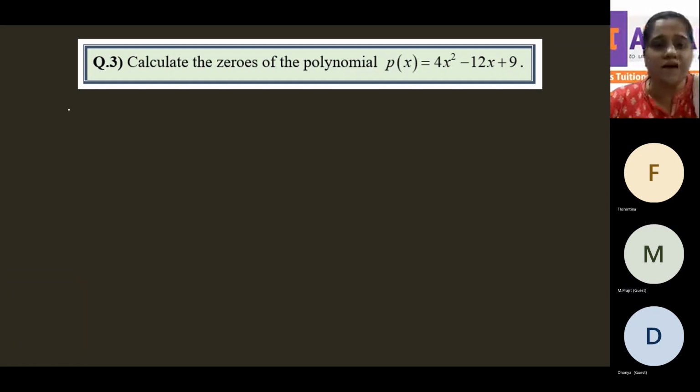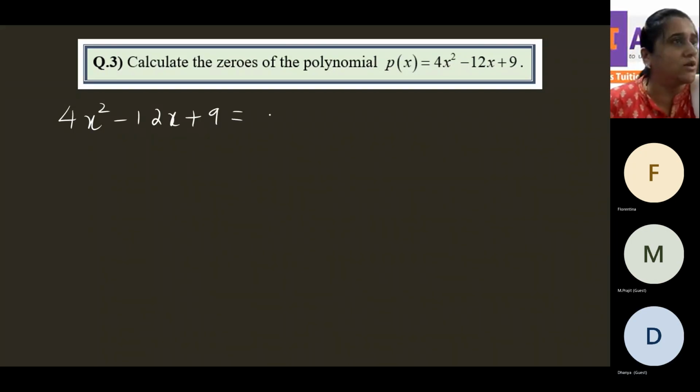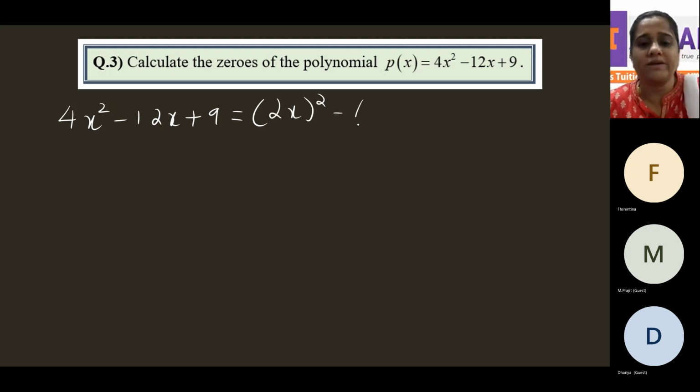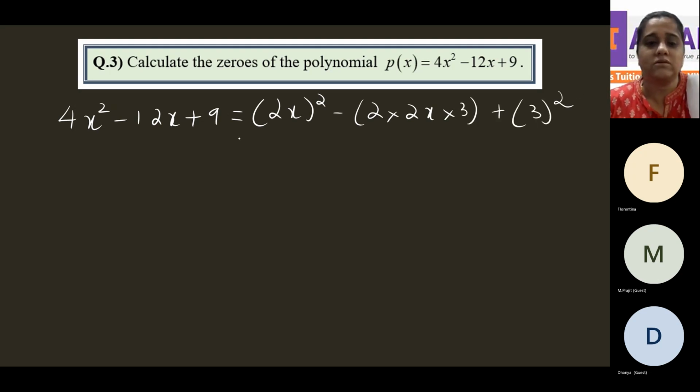So 4x squared minus 12x plus 9 is equal to, you can use the identity a square minus 2ab plus b square to factorize, or you can split the middle term. I'll do it both ways. 2x the whole square minus 2 into 2x into 3 plus 3 the whole square.